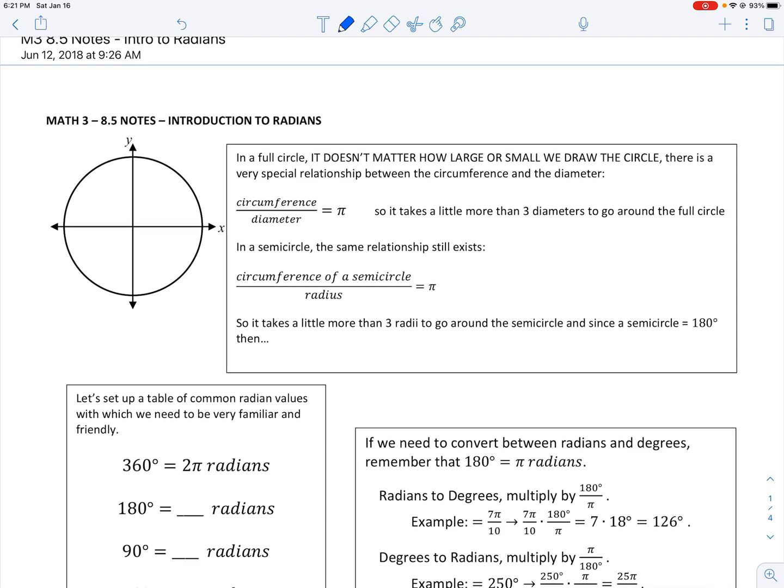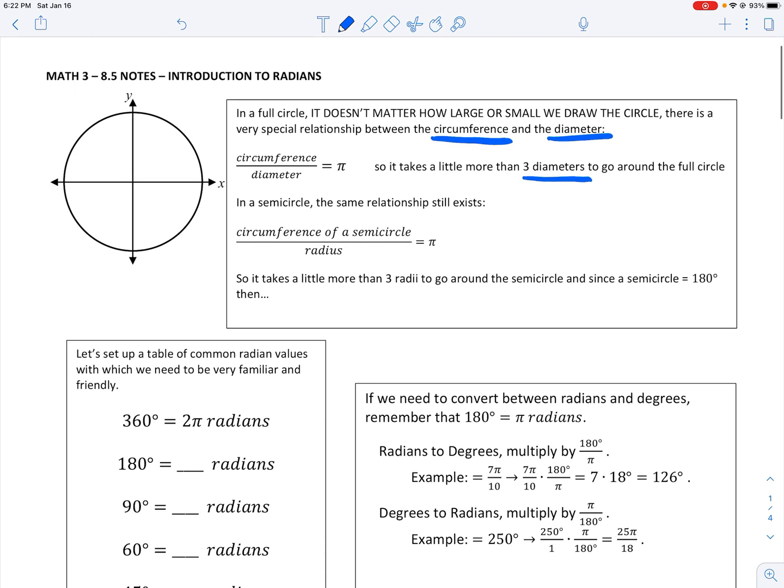There's a special relationship between the circumference and the diameter, no matter how big the circle is. So the circumference divided by the diameter is pi. So it takes a little more than 3 diameters to go around a full circle. In a semicircle, half a circle, the circumference of a semicircle divided by the radius is pi.